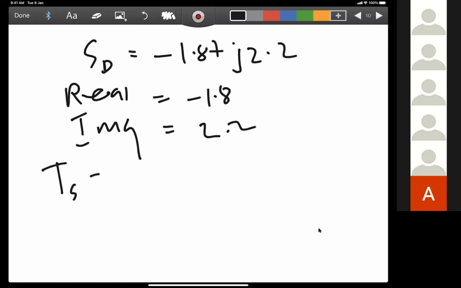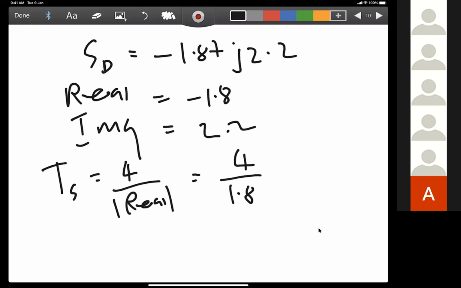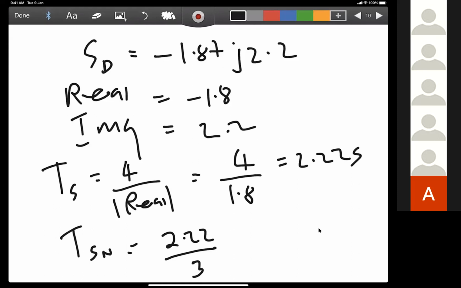So settling time is 4 divided by real, which is 4 divided by 1.8, which is 2.22 seconds. Okay. So the new settling time is 2.22 divided by 3. That is the meaning of threefold reduction. So it will be 0.74 seconds.